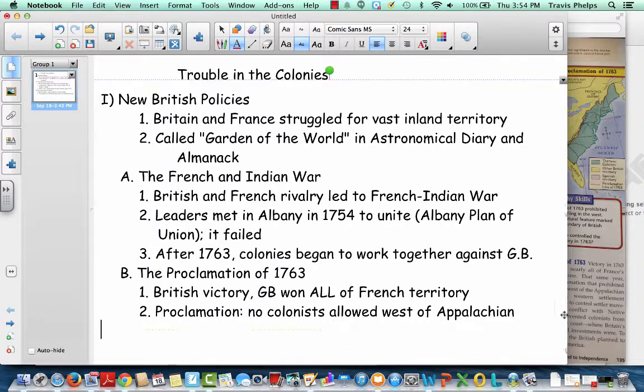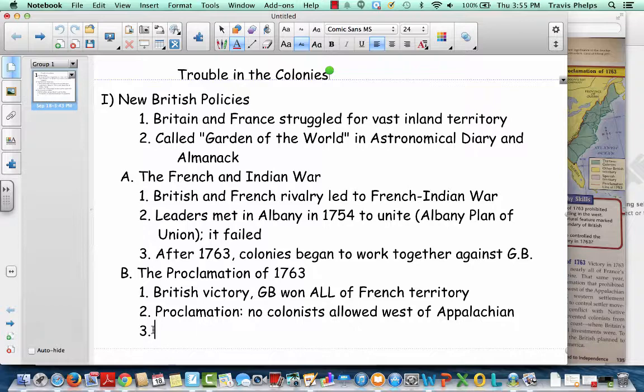Okay, and then we're going to go on because I think there are still other important ideas in this paragraph. And if you notice in the paragraph, they talk about why Great Britain did this.